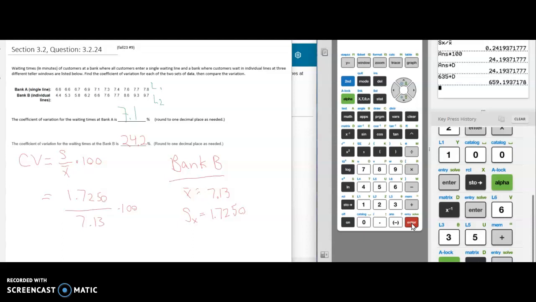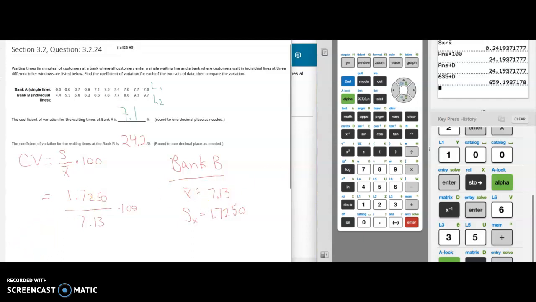That's really 635 plus 24.19, and so on. You can always use stored values in your calculator using STO. You can overwrite it the next time, and it doesn't have to be stored at D. It can be stored at alpha and any of those green letters.